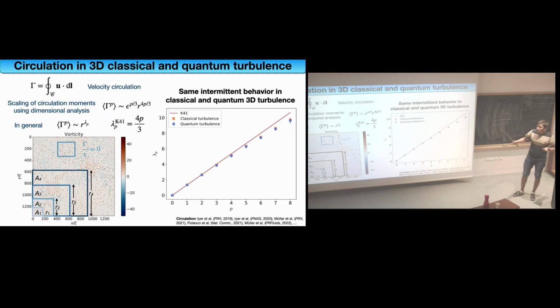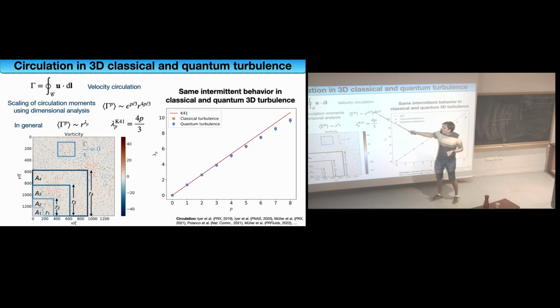To do that, we will study circulation, and I will just recall also the results that Juan presented yesterday. We know that the velocity circulation, defined as the velocity field around a closed loop in a quantum fluid, takes discrete values.